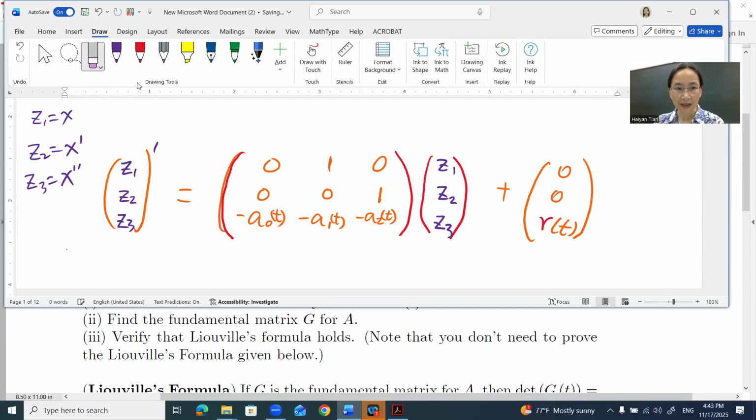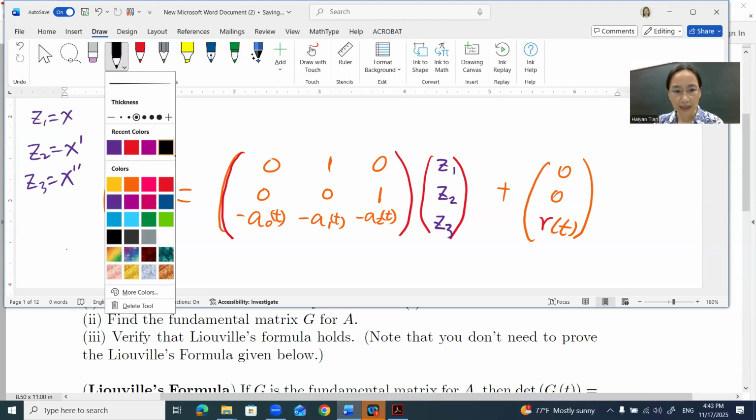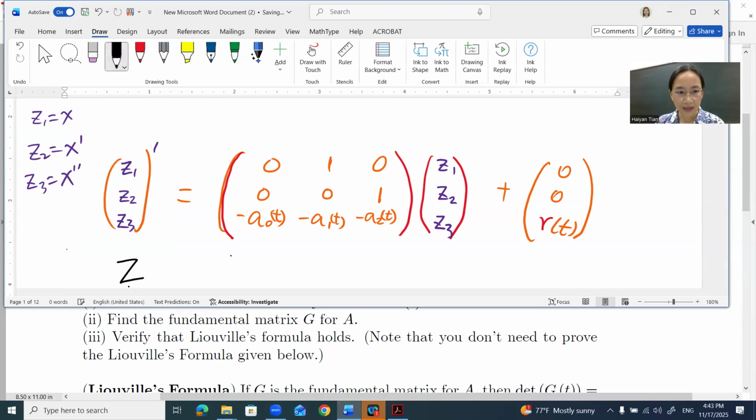So now we have this z vector, and we can write that our z vector has a derivative equal to a certain matrix, possibly depending on t, because of the coefficients. You see, if those coefficients are given as functions of t, this A matrix can depend on t.